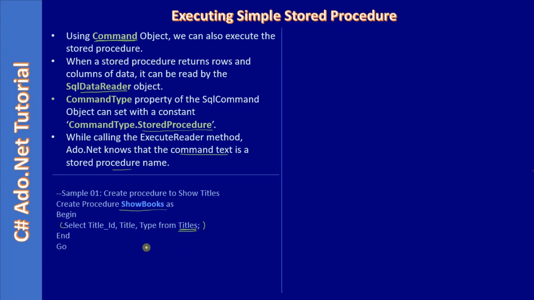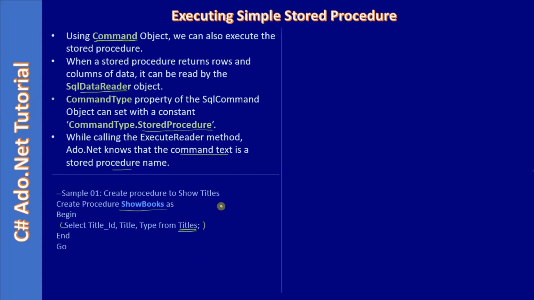But in the real world, the stored procedure may be doing more tasks. It may even declare a local table and collect data from multiple tables based on business logic. Finally, it can make a select on that local table, thereby returning rows and columns of data.